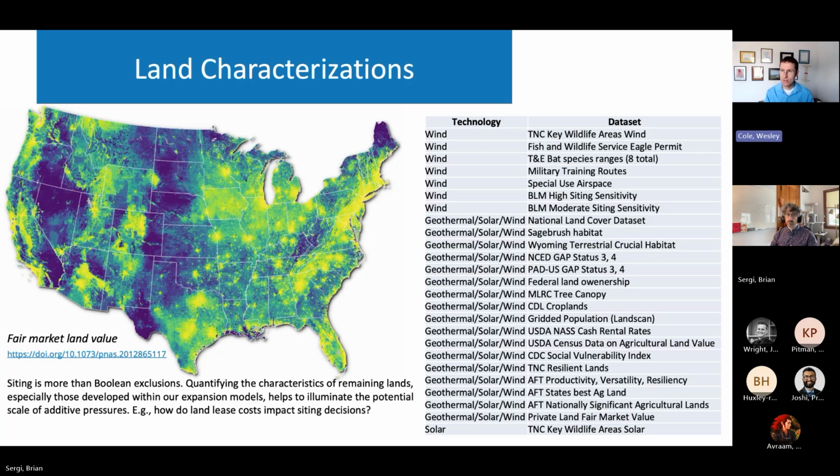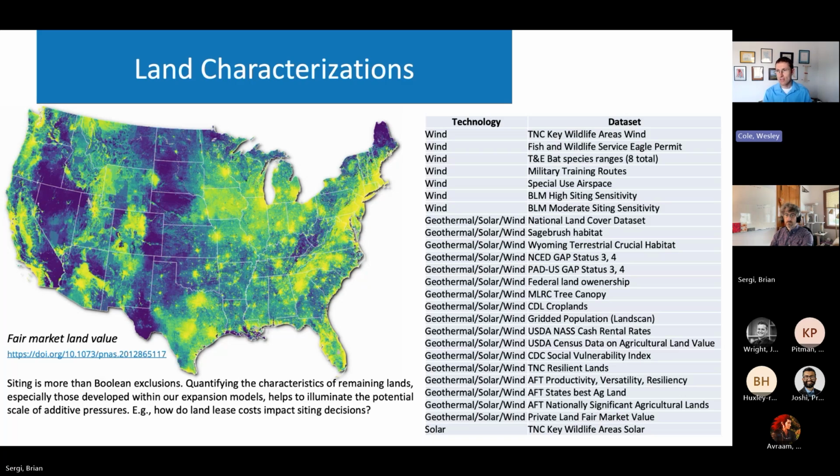We've got the list of these shown on the table on the right. An example is shown on the left. This is the fair market land value. This is a data layer that we'll use to adjust the costs of developing a different site. So sites that are really near cities or have more expensive land will be more expensive than other locations.